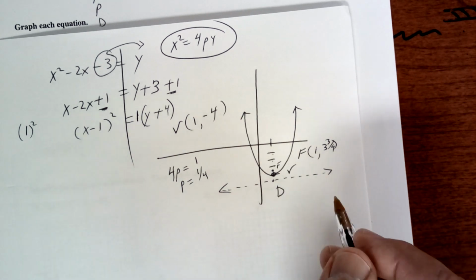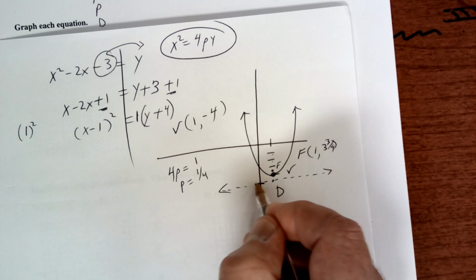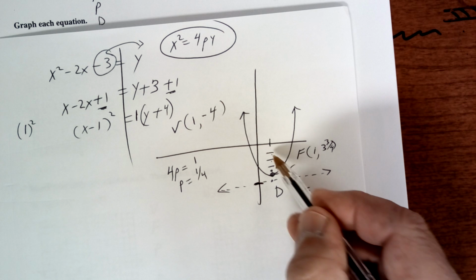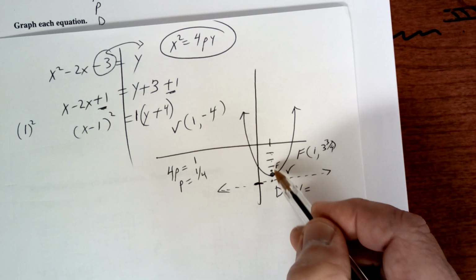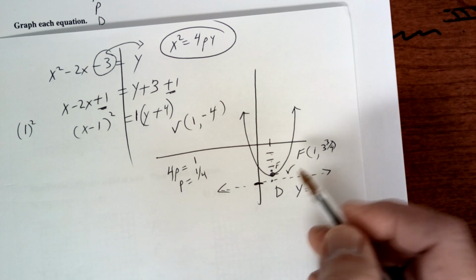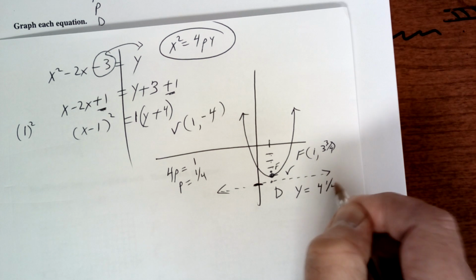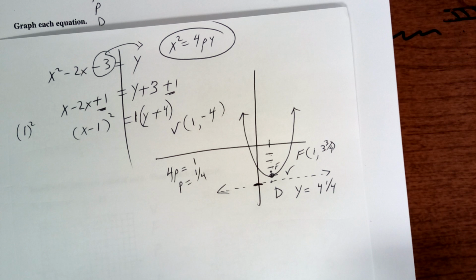The directrix crosses the y-axis, so it's going to be y equals 1, 2, 3, 4, 4 1/4. There it is. This is kind of tricky, okay? But that's how you do it.